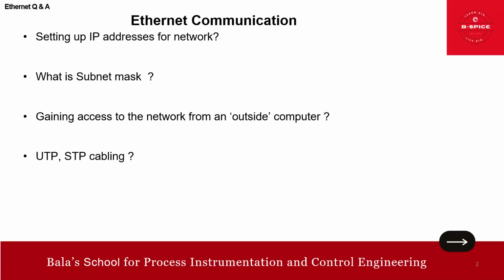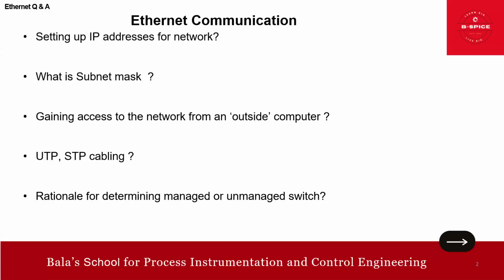Then, the rationale for determining managed and unmanaged switch. Very good question actually. How do we determine managed versus unmanaged switch? If our network has fewer than 10 devices attached to fewer than 4 switches, and the possibility of adding more switches and devices is nil, then an unmanaged switch will work.